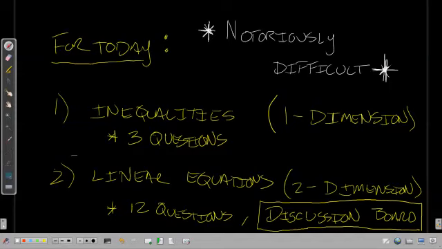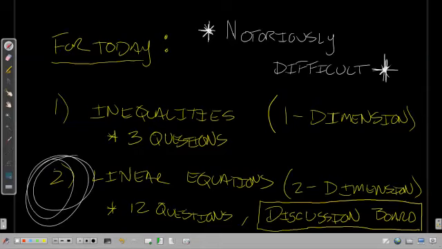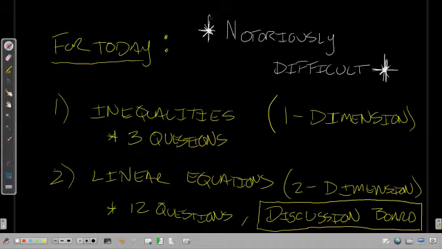Not so much with inequalities, but linear equations. It starts off easy and then gets hard in a hurry. So if there's something we're not understanding, please bring it to my attention.